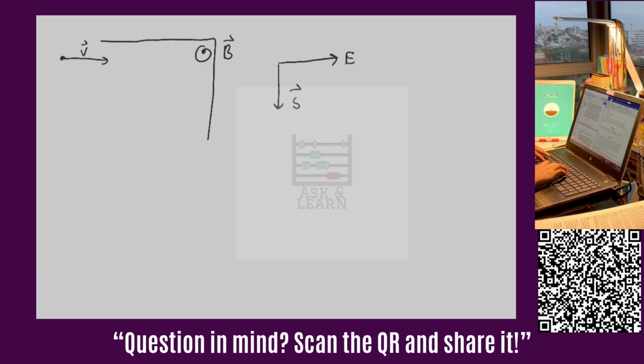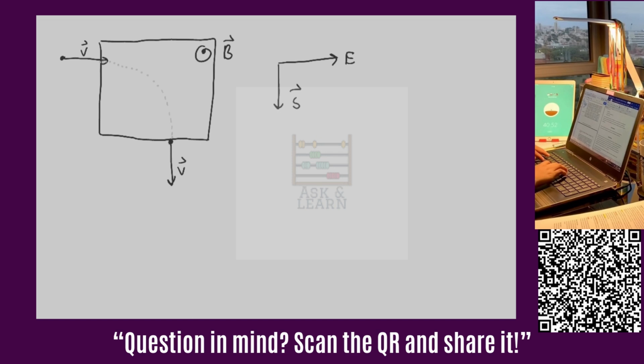Now, when the particle enters this region of space with this uniform magnetic field, it follows a circular path. In this case, it will only go 1/4 of the path and then head due south this way.